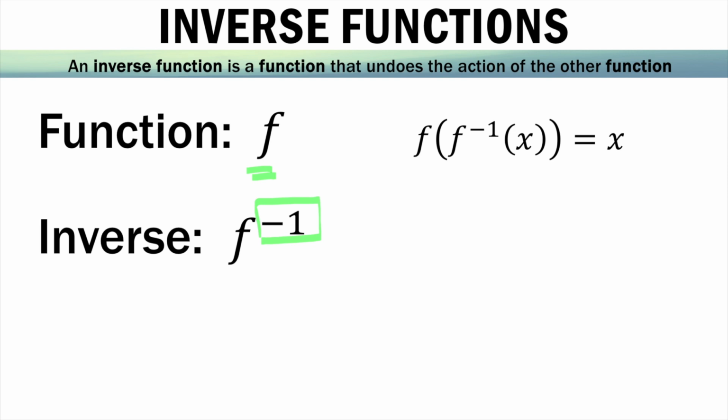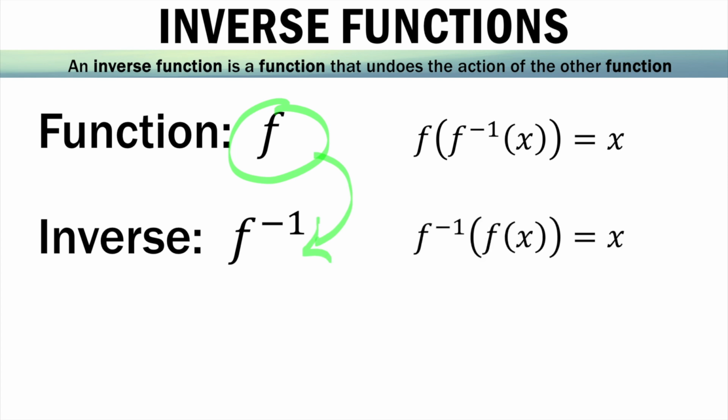If I take f inverse and plug it into f, if I composite them, and simplify, I should end up with just x left. And of course, I can reverse that. I can take f and plug it into f inverse, and if I simplify it, rearrange it, I should come out with just x in the end.